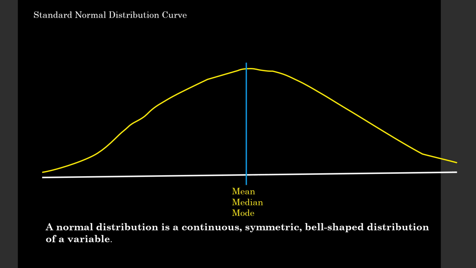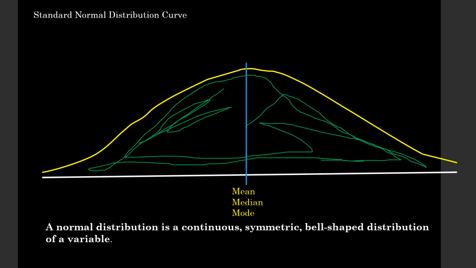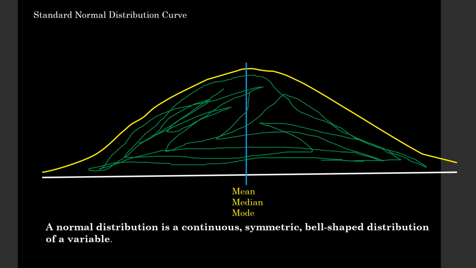Also, the total area under the normal distribution curve is equal to 1 or 100%. So this is the total area under the normal distribution curve, and it is equal to 1 or 100%.